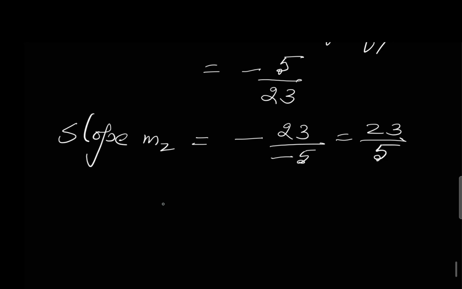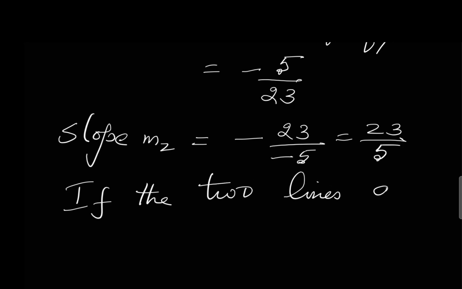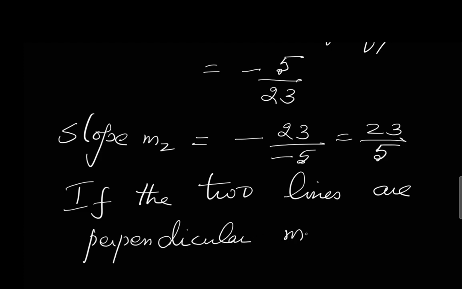Then try for perpendicular. If the two lines are perpendicular, m1 into m2 is equal to minus 1. You try for that. m1 is minus 5 by 23 into 23 by 5.